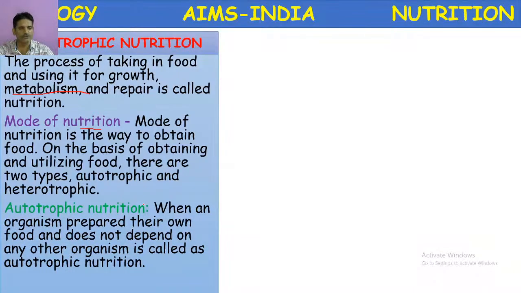What is autotrophic nutrition? When an organism prepares its own food independently, which does not depend on any other organism, then it is called autotrophic nutrition, and the organism is called an autotroph.